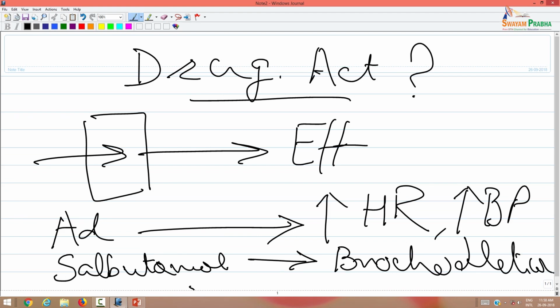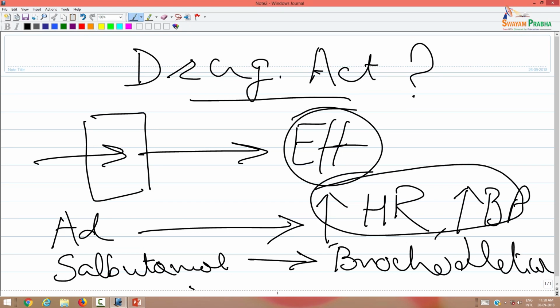Now, what you see is the effect here: an increase in the heart rate, an increase in the blood pressure, and dilatation of the bronchial smooth muscle. What you see is an effect, but how is this produced?